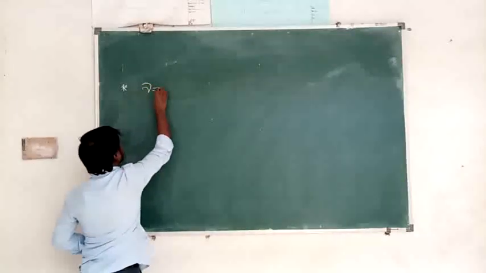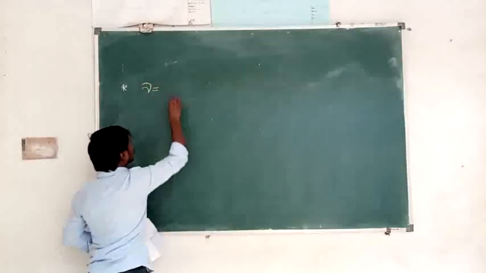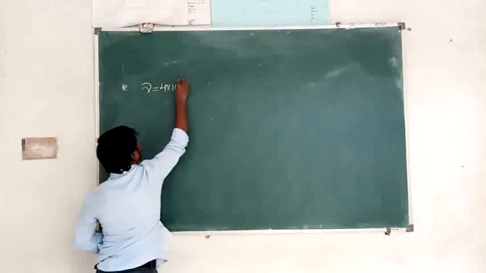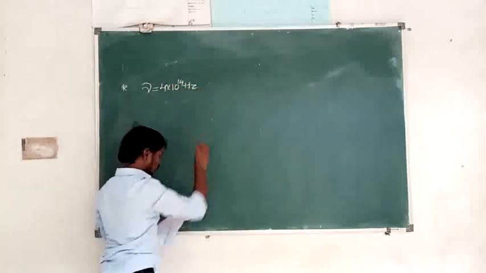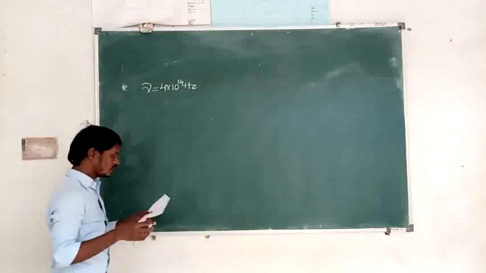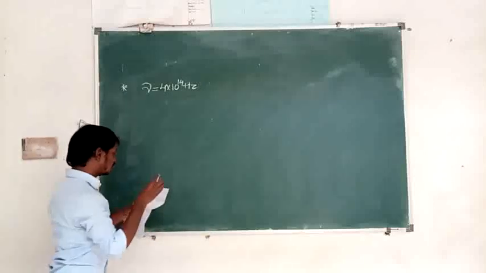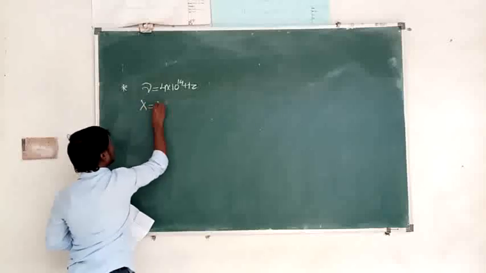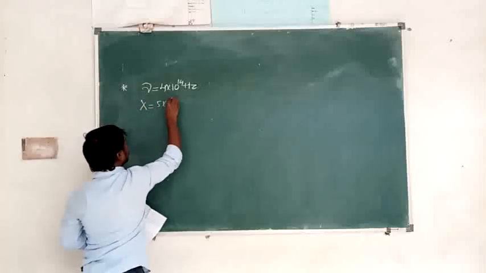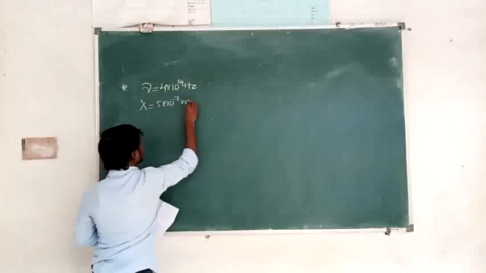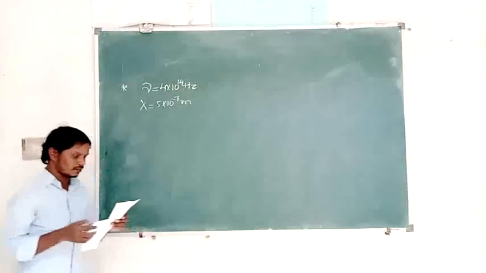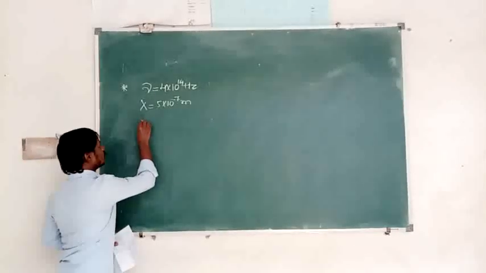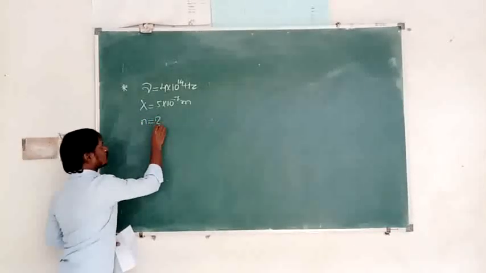The wavelength of the light is 5 into 10 to the power of minus 7 meter in the given medium. So what is the refractive index of the medium? That is N. You have to find N.